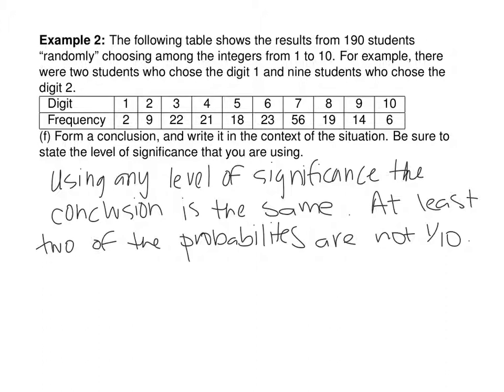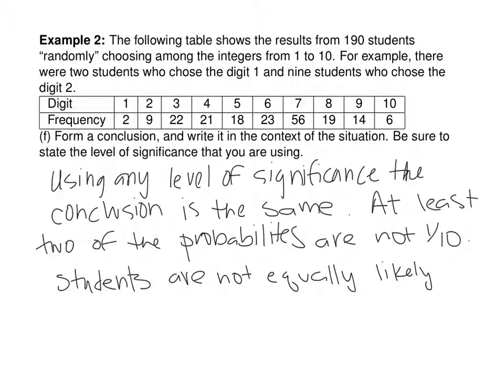So some of these numbers might be chosen with probability 1/10, just not all of them. Or in other words, you could have also said students are not equally likely to choose each of the digits.